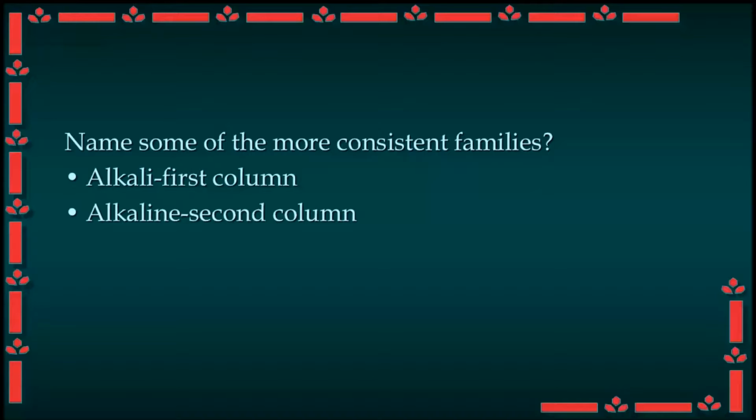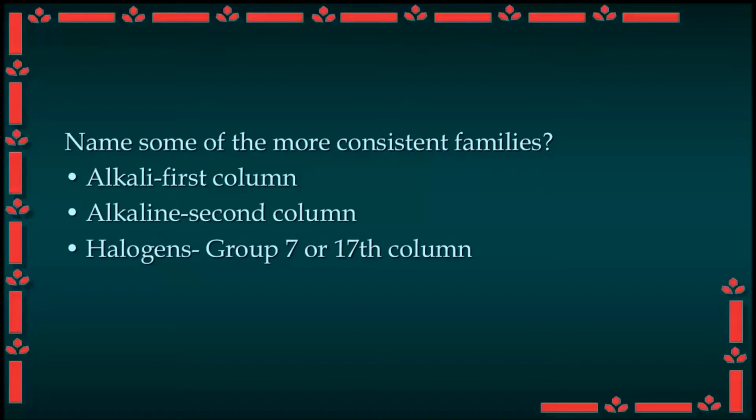Alkaline, I think they did that just to confuse you. What's the difference between the alkali metals and the alkaline metals? No, they're very different. It's more than just the ne, I guarantee. Halogens is another very consistent family, and this is the 7th or the 17th column. Why, Mr. Rayner, why is it the 7th or the 17th?